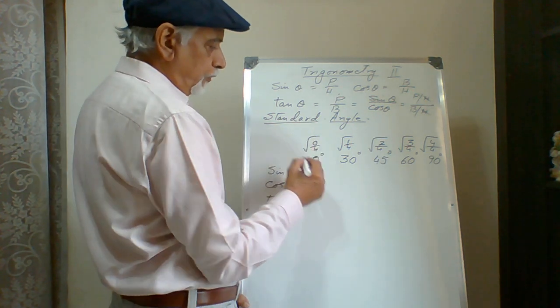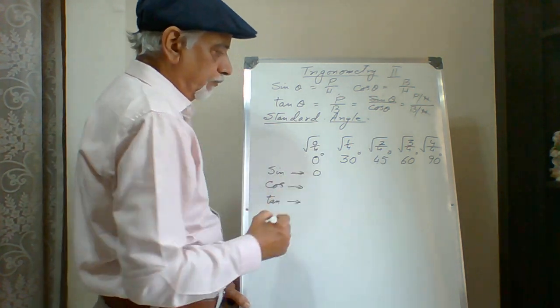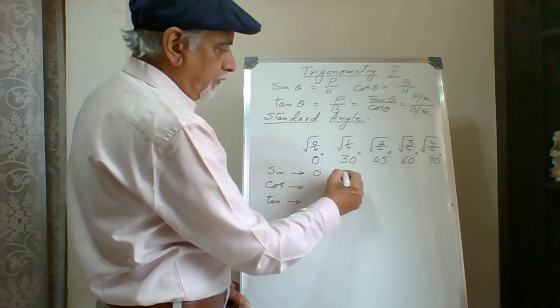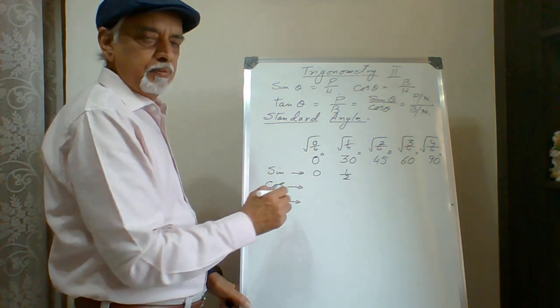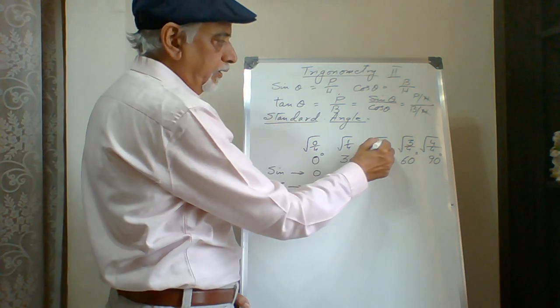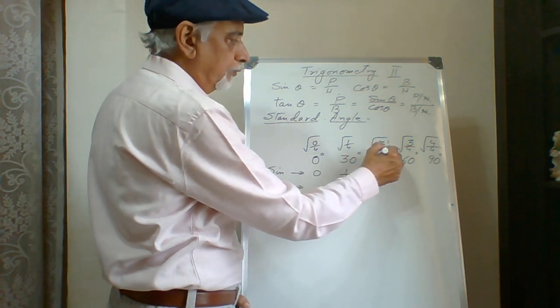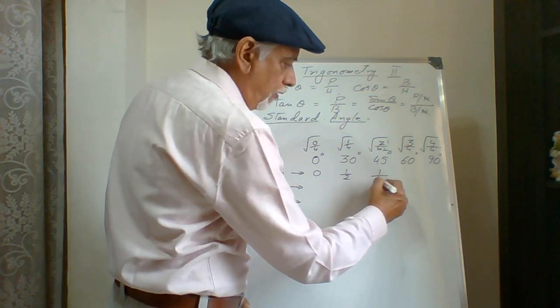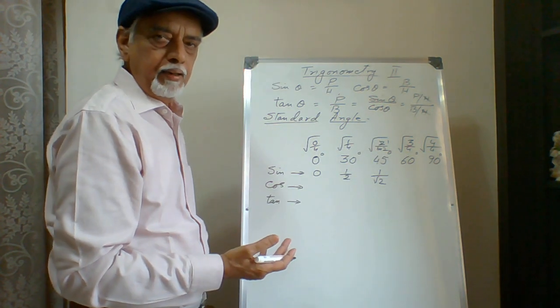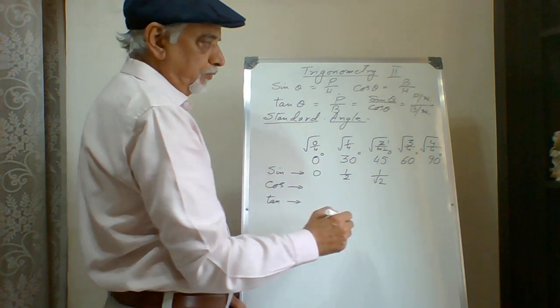Now evaluate these values and write in this row of the sine. So what is 0 by 4? It comes out to be 0. 1 by 4 square root is nothing but 1 by 2. Square root of 4 is 2, so it becomes half. Here it will simplify as 1 by 2 and it can be written as 1 over root 2 because square root of 1 is always 1 and square root of 2 is under root 2.